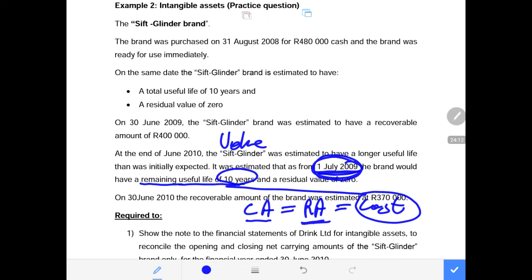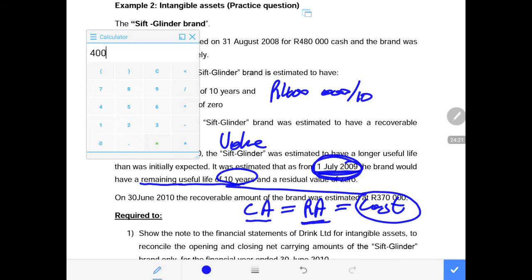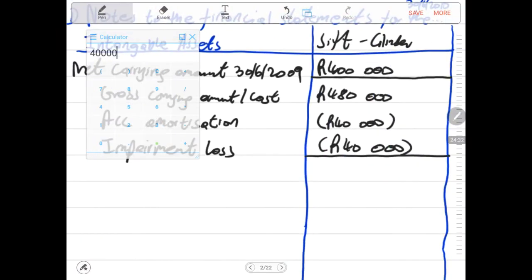That means now we must say 400,000 rands divided by 10, and that gives us amortization for the current year, which is the year 2010, for an amount of 40,000 rands.